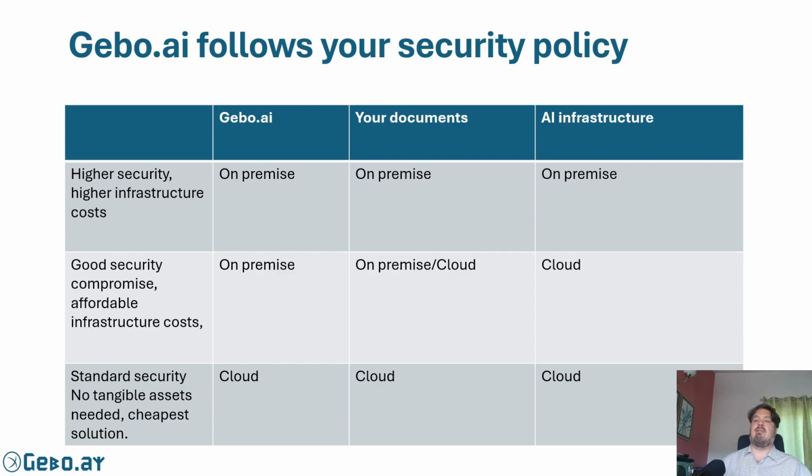For example, you can have a full offline system with the large language model being offline, all your documents being in your network, and also Gebo.ai and the vector database being in your network. And of course, you can choose to have everything in a cloud or some mixed path between them. So it follows with these rules all your possible security policies.